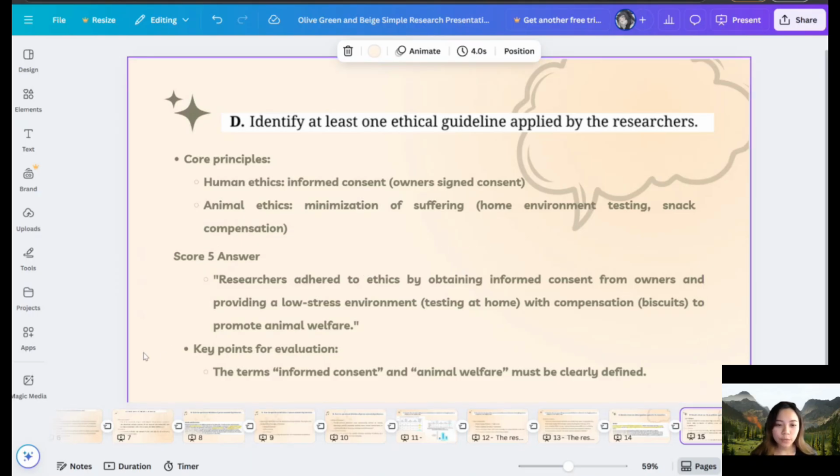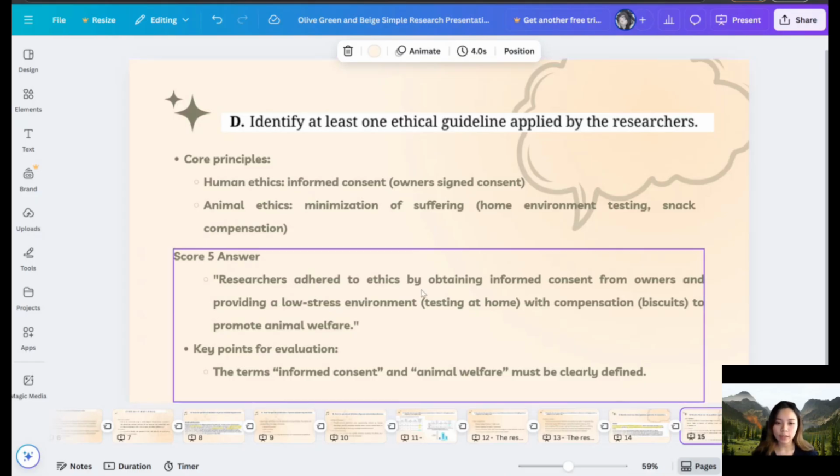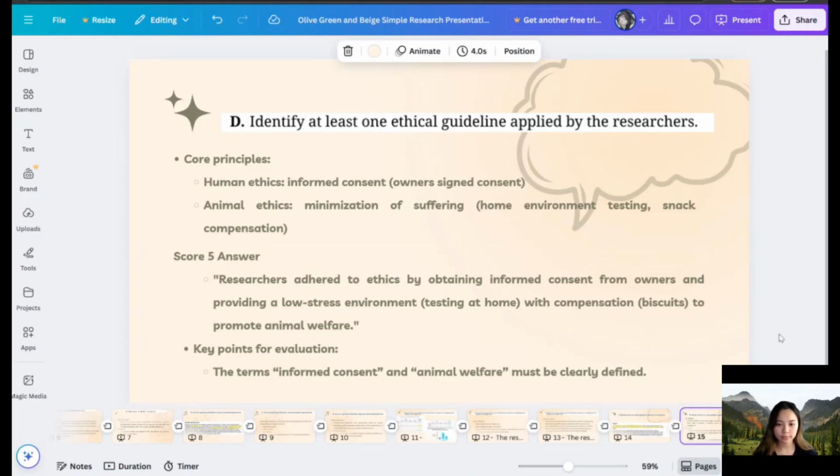The key points for getting a higher score are that the terms informed consent and animal welfare must be clearly defined. If you say these 2 points in this specific answer, then you're good. Even though they mention that you only need at least one, you can bring as many as you can.